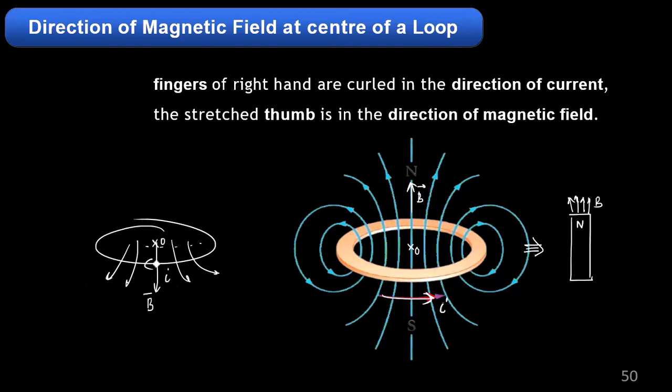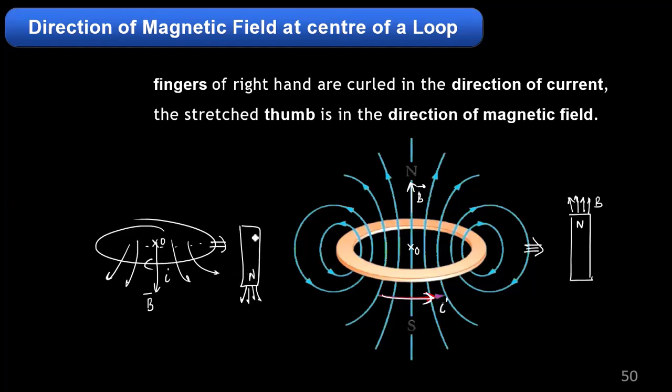But I am bothered about the field line passing through the center, which appears vertically downward. So this loop can be replaced by another bar magnet whose north pole is now facing downward, since the magnetic field lines are coming down from it.